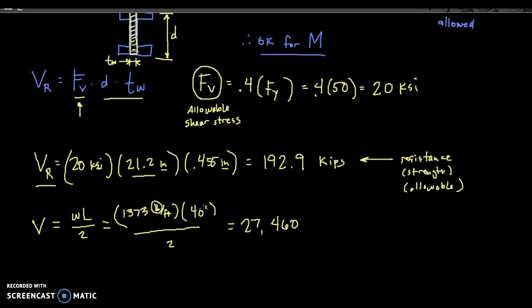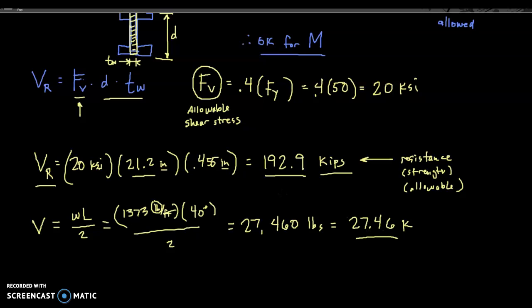I'm in pounds here. The feet here and the feet here cancel out, and I'm left with pounds. But up here we had our force in kips. So let's make an equal comparison and convert this to kips. So this would be 27.46 kips. And we can see this is what we're capable of resisting, 192.9. This is what's actually being applied, 27.46.